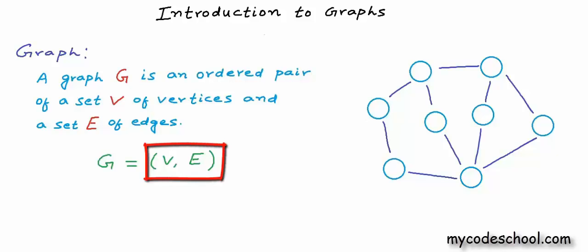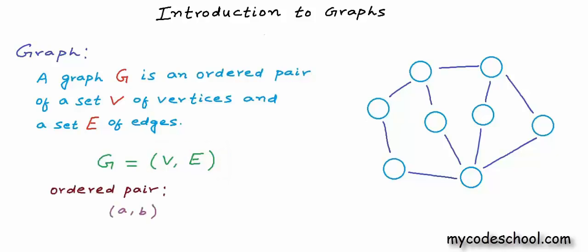This is how we write and represent an ordered pair. Objects separated by comma put within parentheses. Now because the order here matters, we can say that V is the first object in the pair and E is the second object. An ordered pair (A, B) is not equal to (B, A) unless A and B are equal.